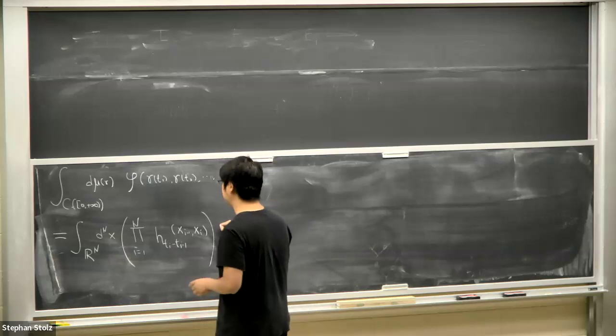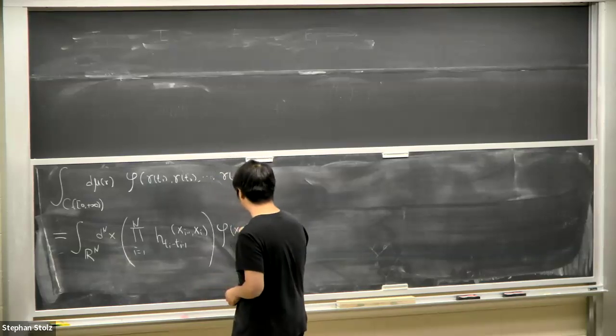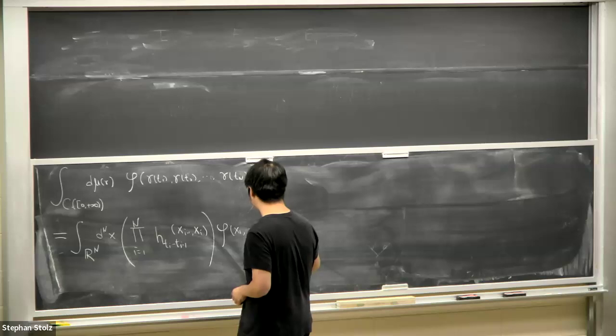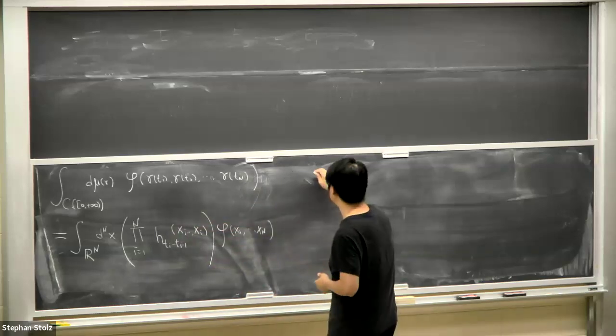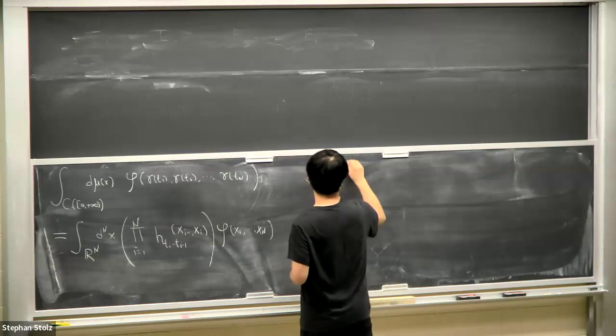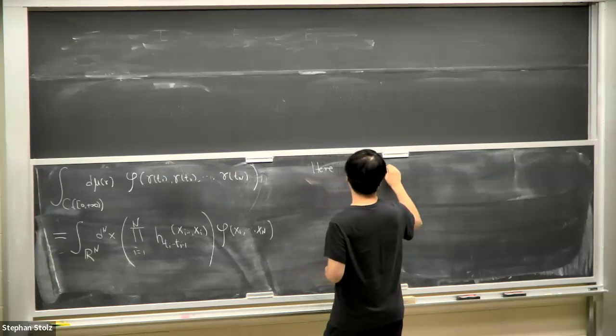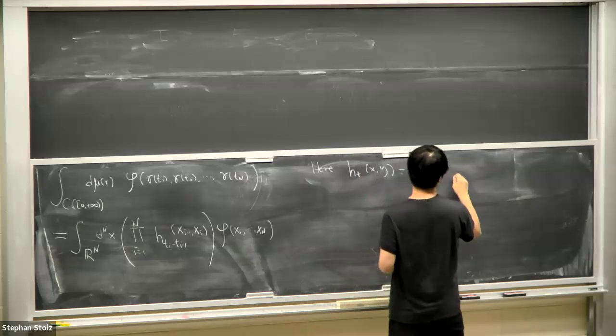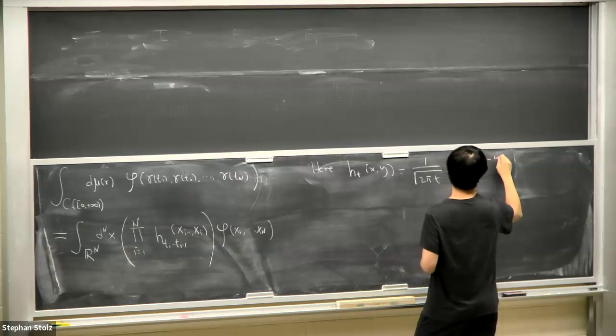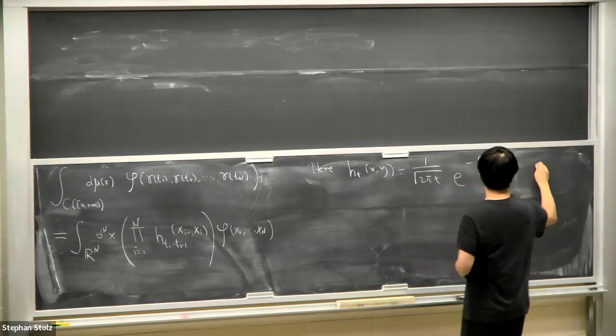And this function psi of x1. Yeah. So here, this factor h is the heat kernel on the line.